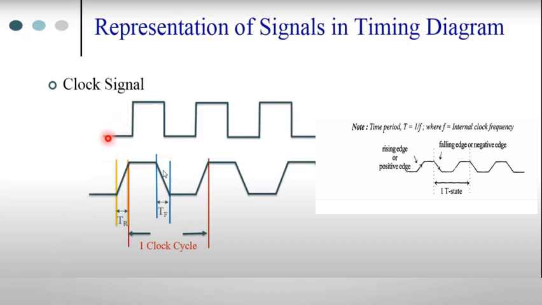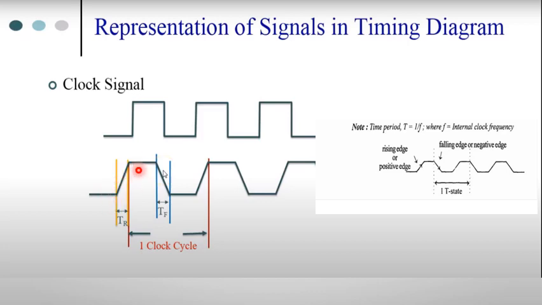Basically, the clock signal is a square signal. The microprocessor is very fast, so whatever time is taken from the low state to the high state matters for the microprocessor.